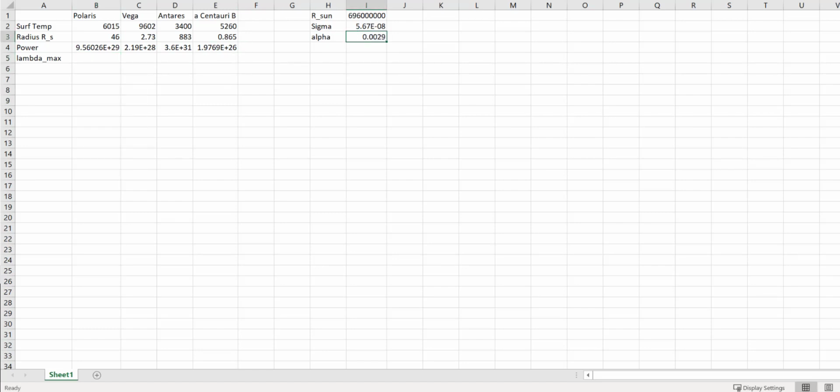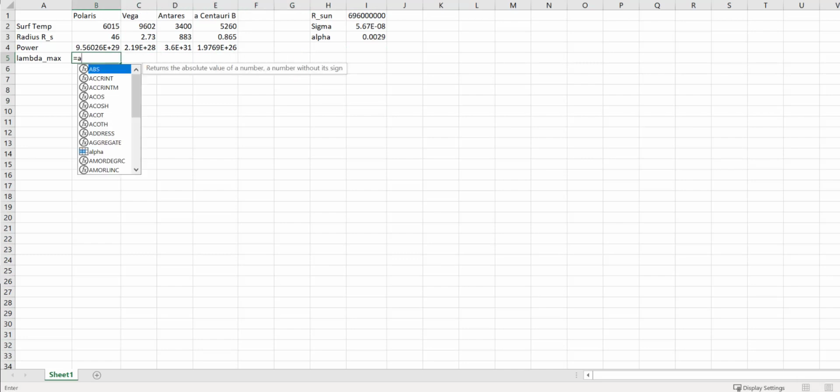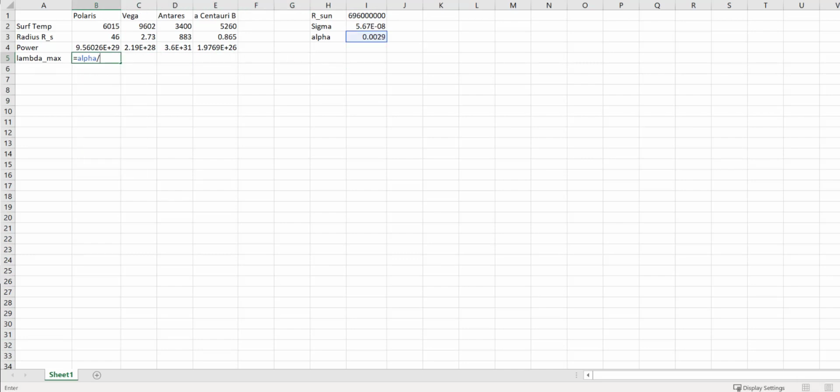I need to give it the name. So this is alpha, so that we don't have to worry about that, because if we transpose it, the next numbers are all going to be 0. So this is going to be equal to alpha divided by the temperature. So Control C, Control V, Control V, and Control V.